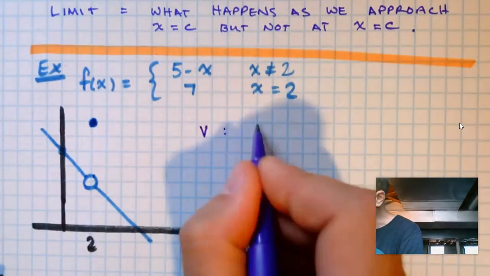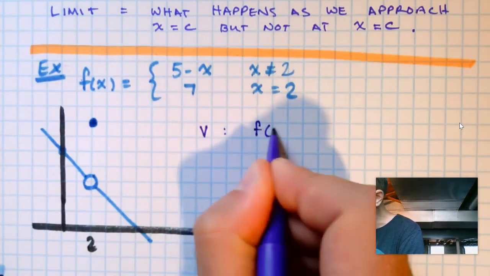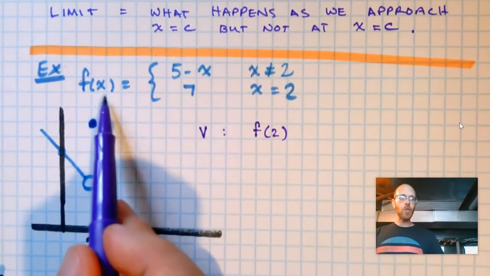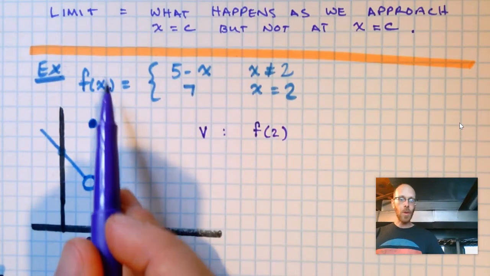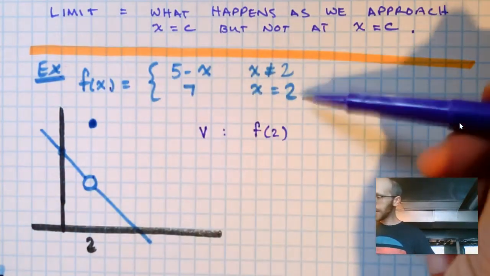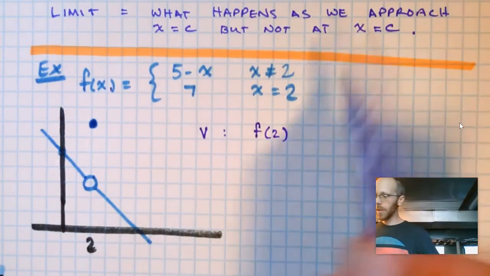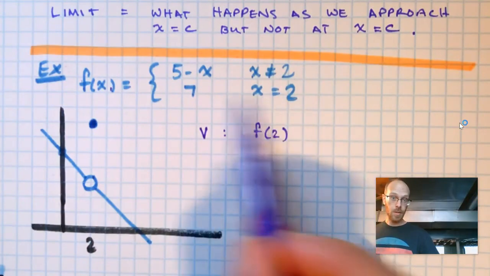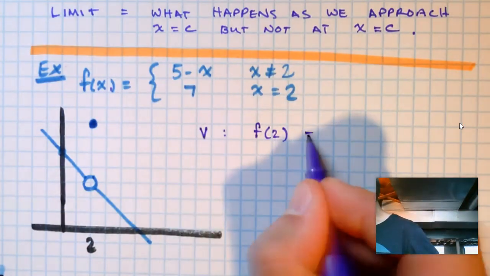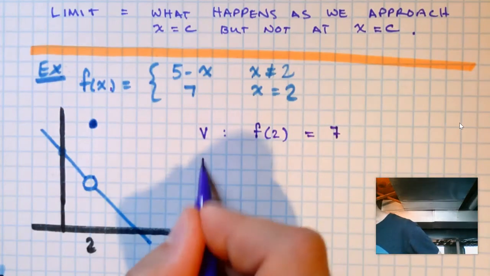So if I asked you to give me the value, you would say, well, that's equal to f of 2. And f of 2 means plug 2 in here, which means we go to which of these branches is using my buddy 2. It's this one. The value is 7.